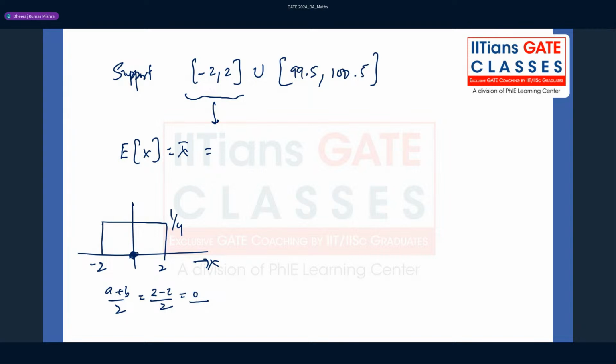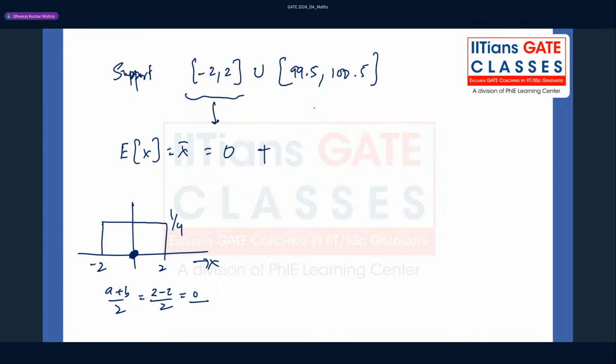Or you can directly look at this: since this uniform density function is symmetrical about the origin, the mean is going to be 0 for this. Plus the one for 99.5 and 100.5. So again you can add and find the mean of this. I believe this is fine. So a plus b, a minus b you have to use. That's it.